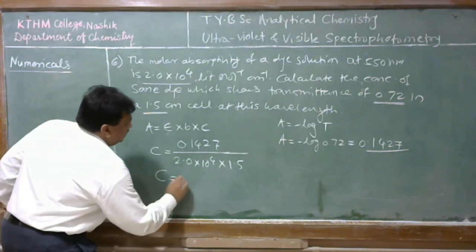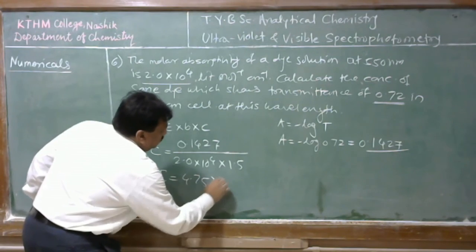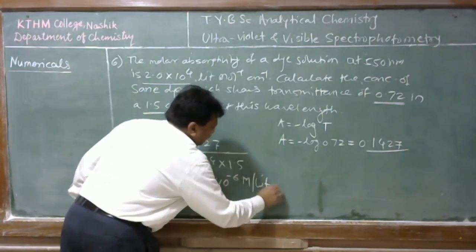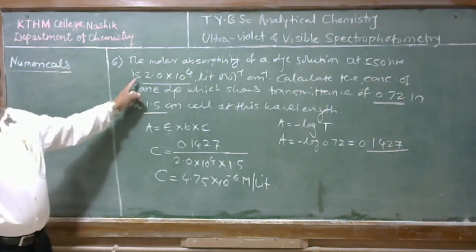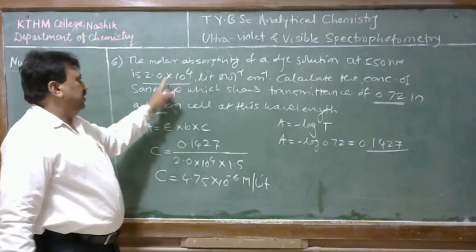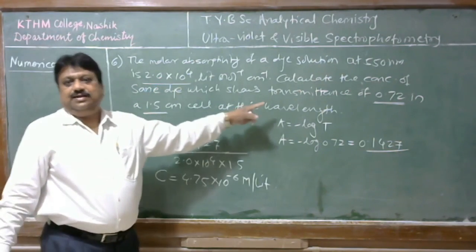When we calculate this, the value is equal to 4.75 into 10 raised to minus 6 moles per liter. In this way, we can find the concentration of the dye solution or any other solution whose absorptivity and transmittance are given.